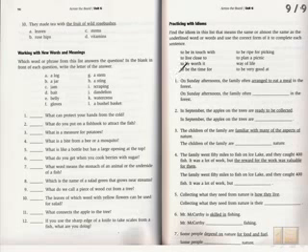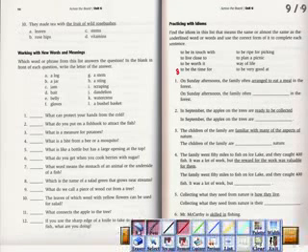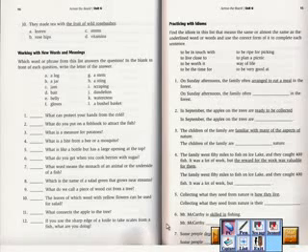Number 8 reads: spring is the appropriate season for planting flowers in a garden. That means spring is the time for.